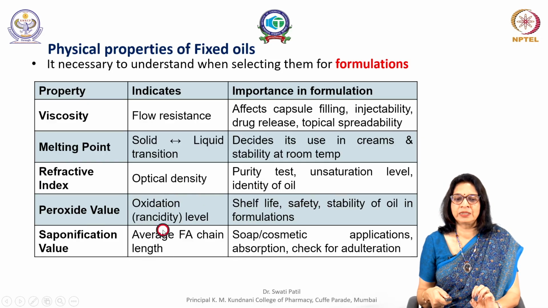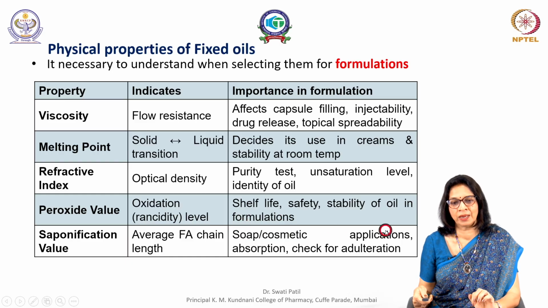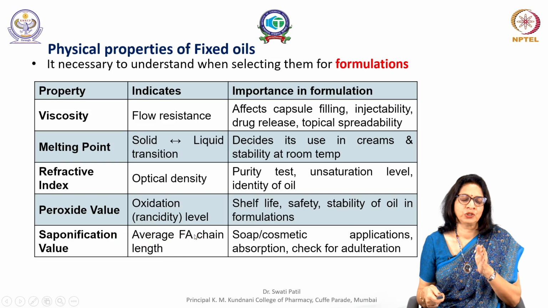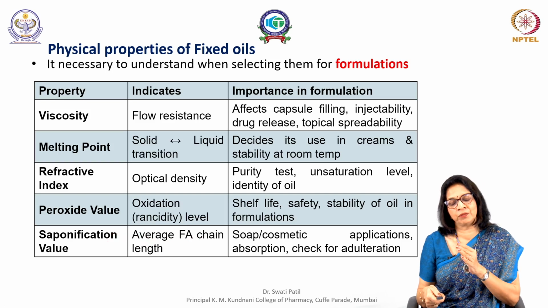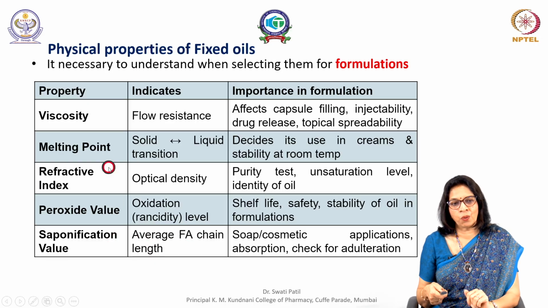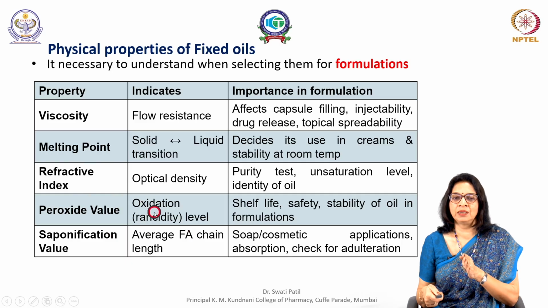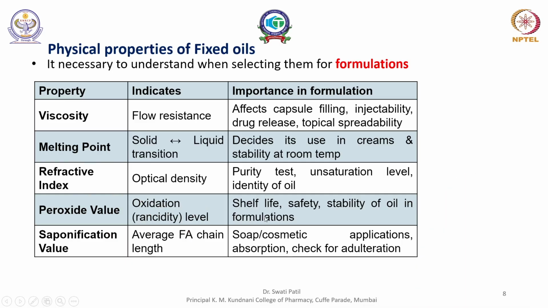Saponification value, which tells us the average fatty acid chain length, helps us in knowing the stability of soaps, cosmetic applications, and also helps us check the adulteration. That is why you must have seen that some soaps which have natural oils start smelling. When the oil turns rancid, we get the smell of the oil. So, all these values help us to determine the stability of the product.